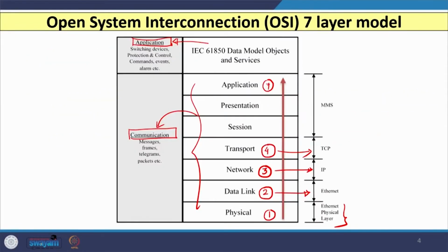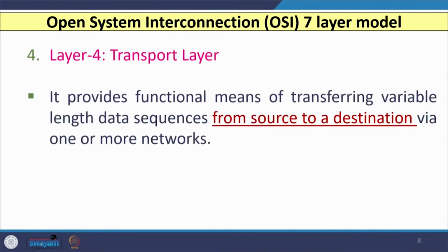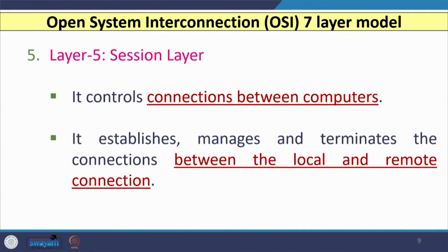Then the fifth layer is known as the session layer, and from this onwards, that is the session layer, the sixth layer, the presentation layer, and the seventh layer, the application layer, all are related to the MMS part, that is the manufacturing message specification. The session layer controls the connections between the computers.